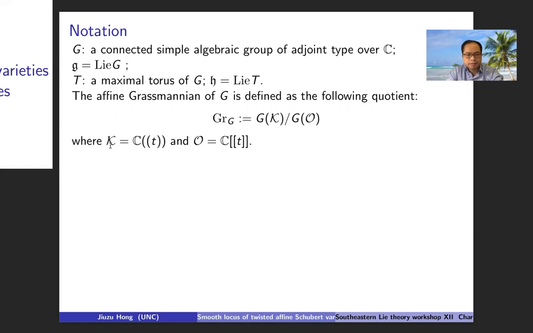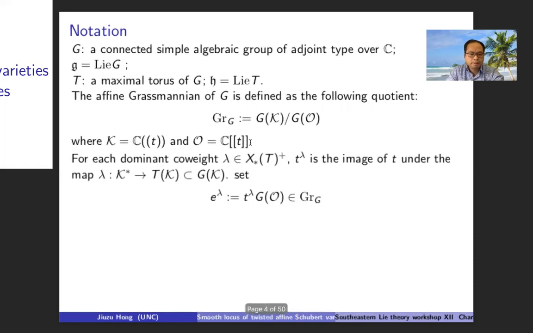So here K is a field of Laurent series, and O is a ring of formal power series. Now for each dominant co-weight lambda of T, when I say dominant co-weight, it means I already made a choice of Borel in the algebraic group.